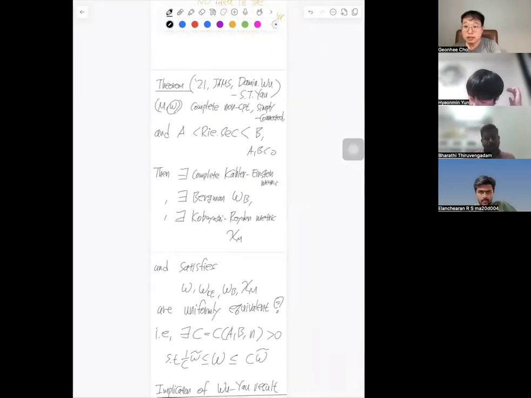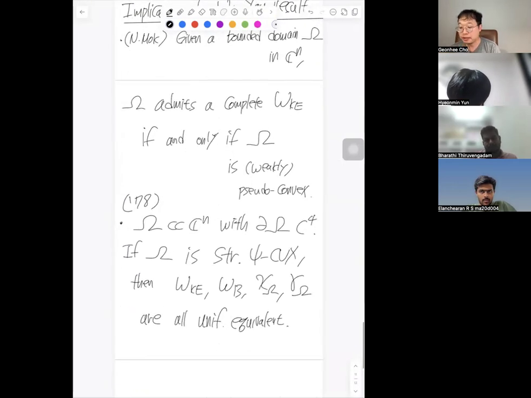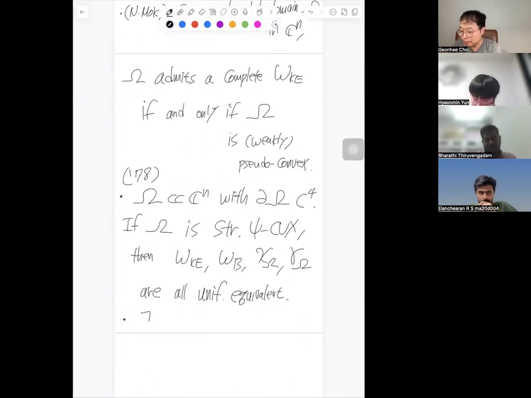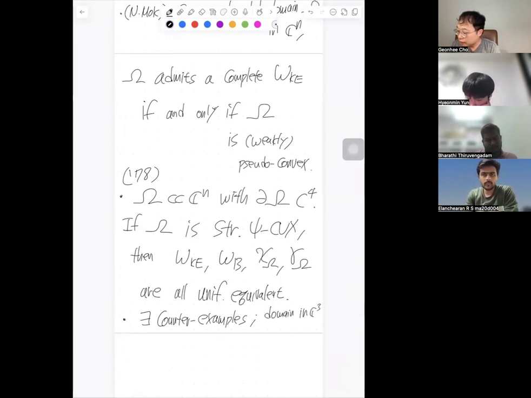According to the Wu-Yao theorem, the three invariant metrics are equivalent to the reference Kähler metric, and this is similar to the known result for C^4 strictly pseudo-convex domains. And there are also counterexamples. Especially these examples are bounded domains in C^3 of finite type, where the Bergman and Kobayashi metrics are not equivalent.